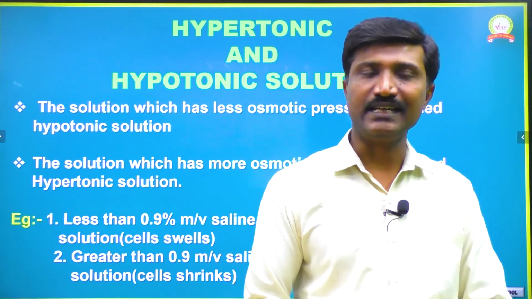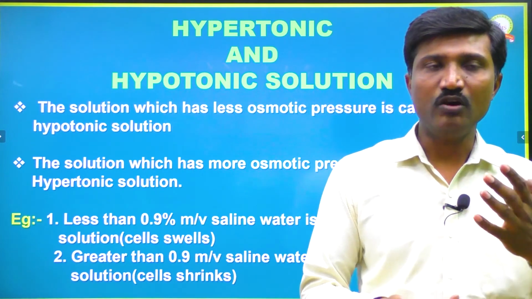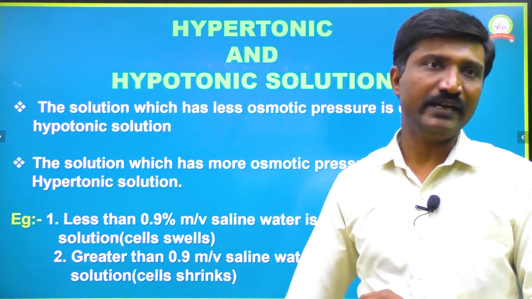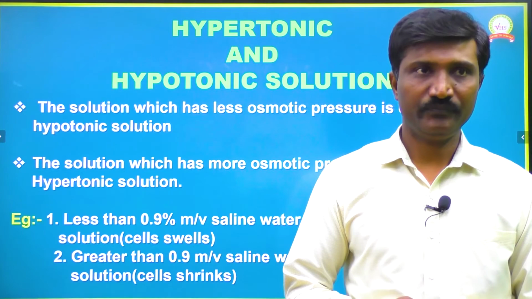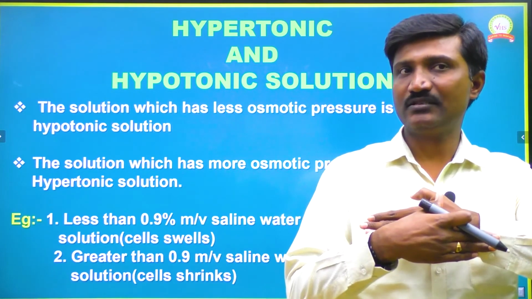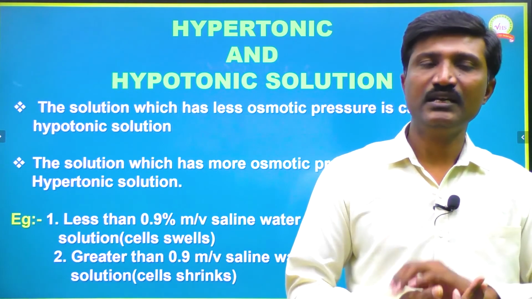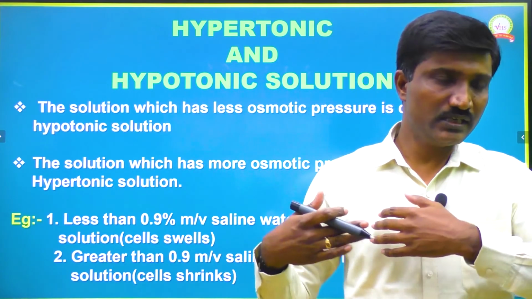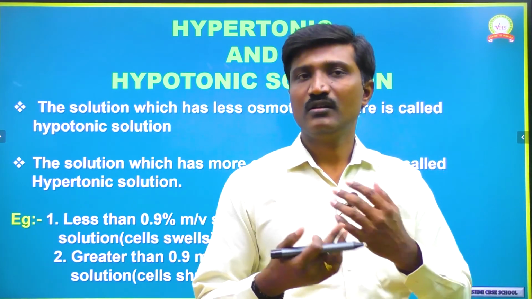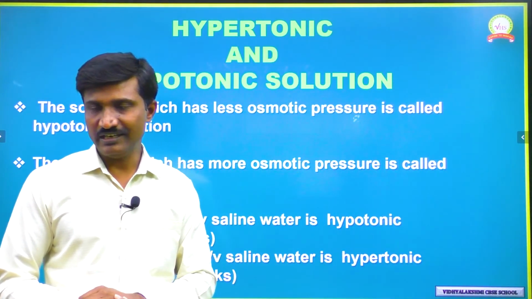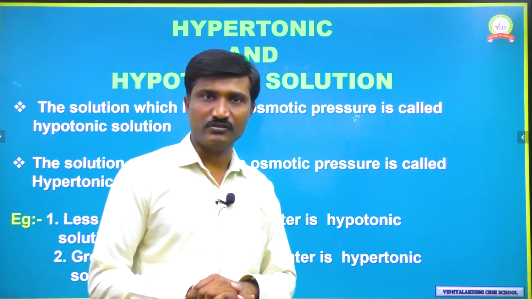That's why we always take saline water with 0.9% m by v concentration. Then only is our blood isotonic with saline water, so that our blood pressure goes as usual, meaning blood circulation goes as usual.